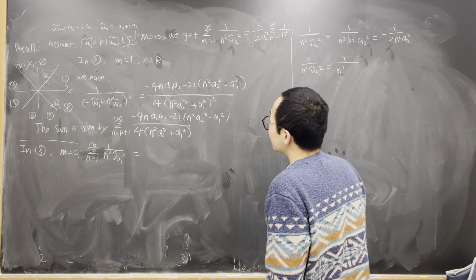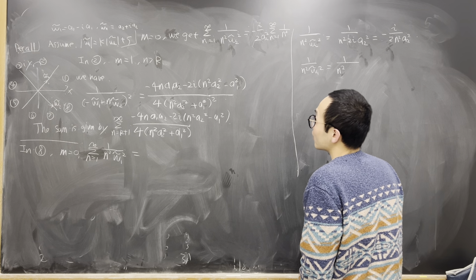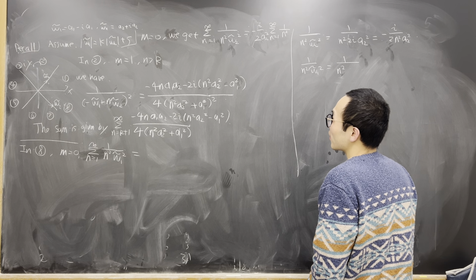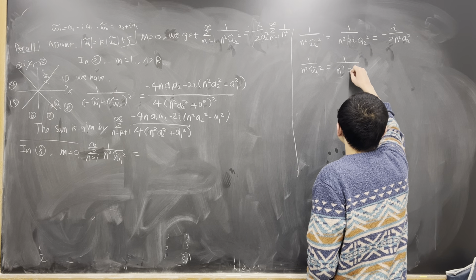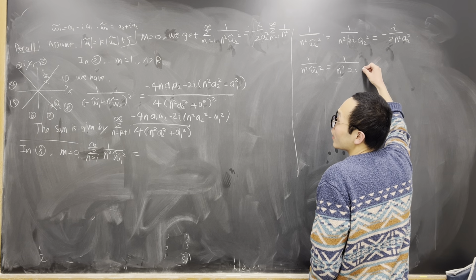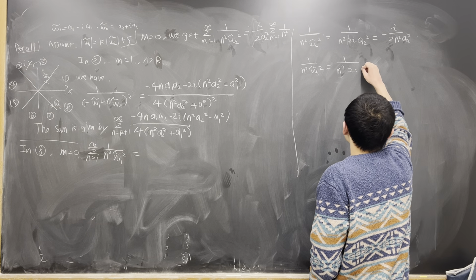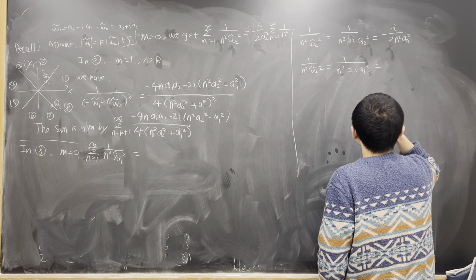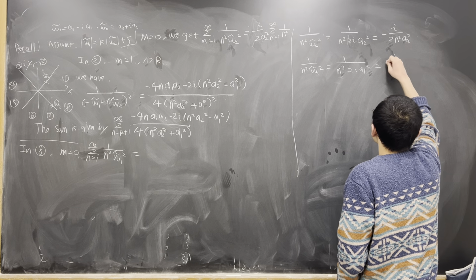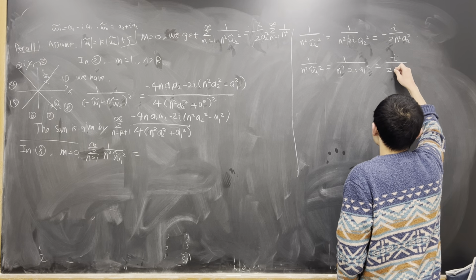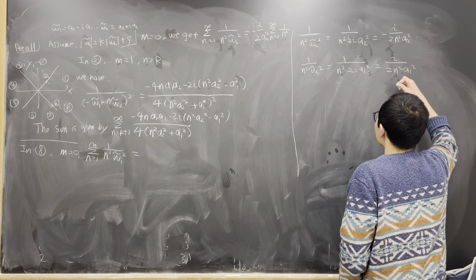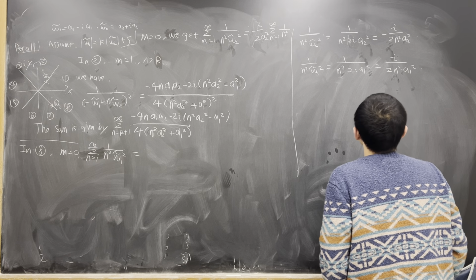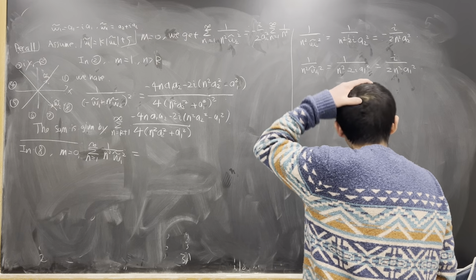Omega 1 tilde is exactly a1, so this is 1 over n squared times negative a1 squared, minus 2i a1 squared. So then you get i over 2 n squared a1 squared, and then the i's cancel.